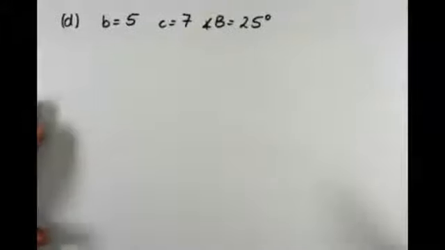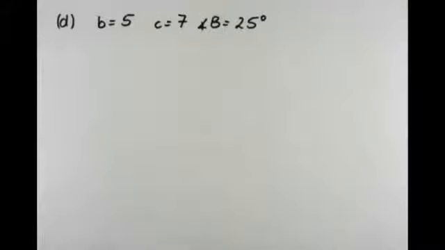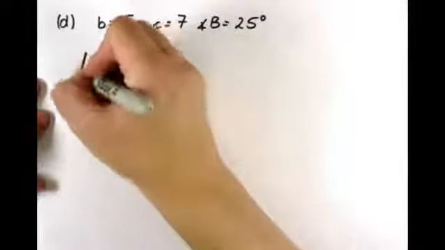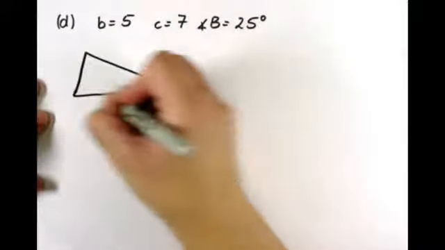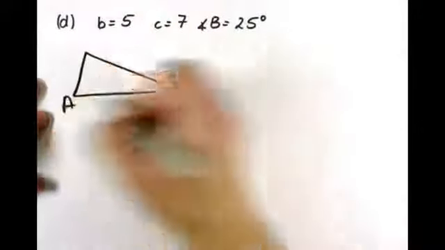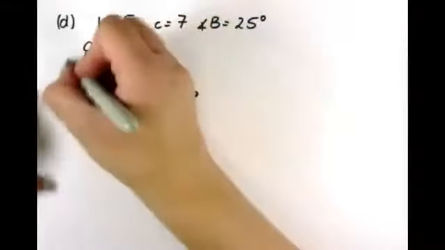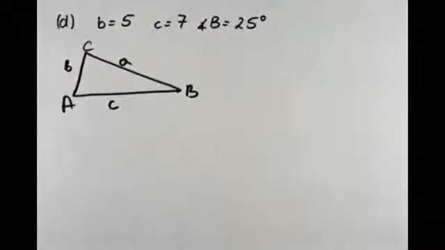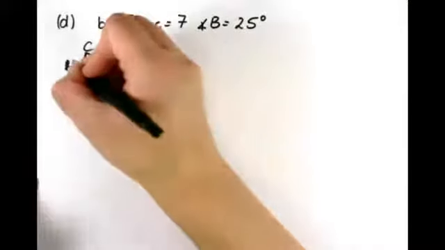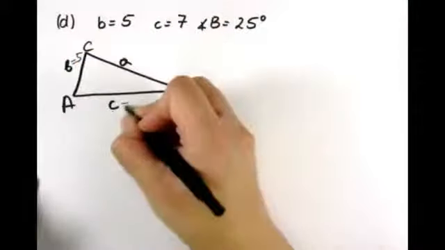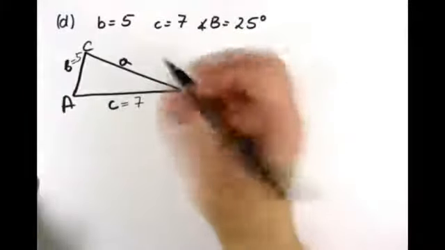One more example, B. We have side B is 5, side C is 7, and angle B is 25. So we draw a triangle A, B, C, with A opposite side A, B, and C. So we have given that B is 5, C is 7, and angle B is 25.